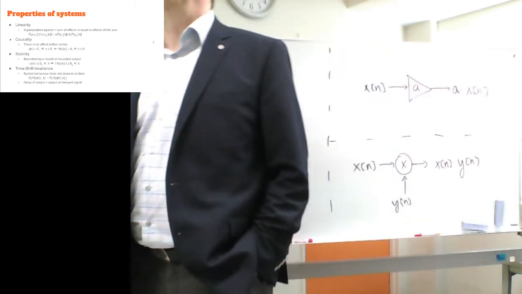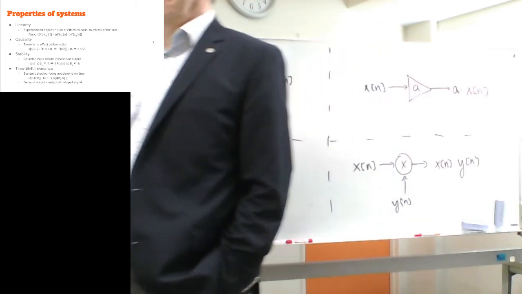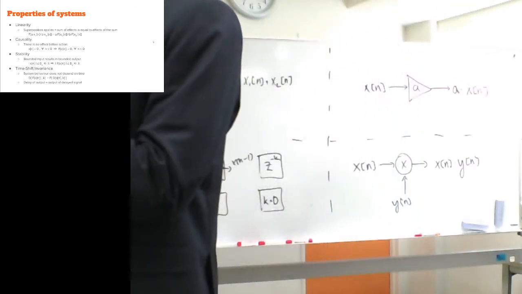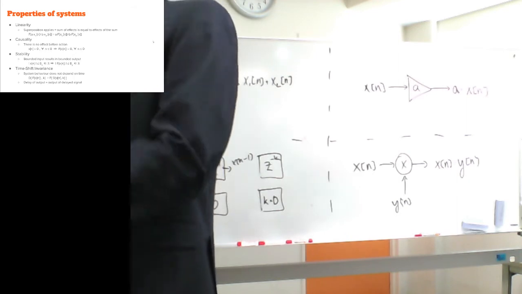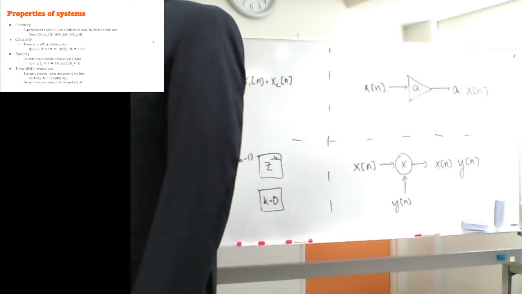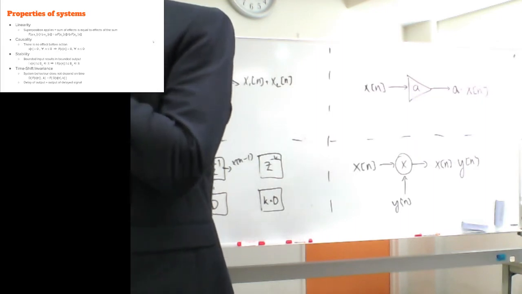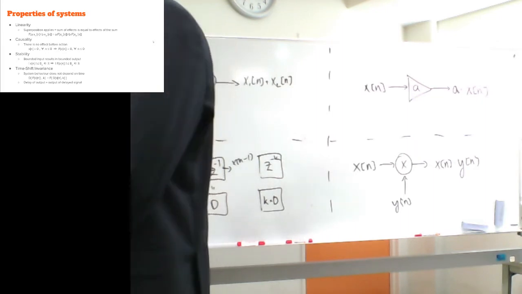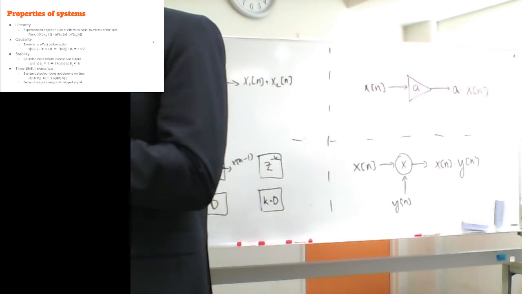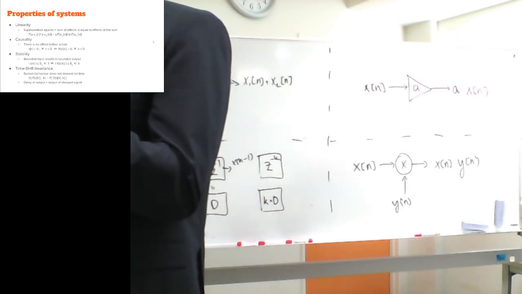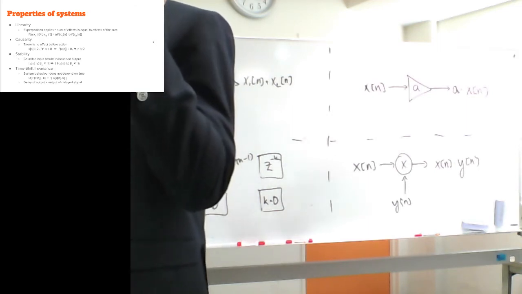Just like a vending machine. Every time you put 80 yen in the vending machine, you can buy that one. It's a nice property of a vending machine, this time shift invariance, since I don't want to pay 200 or 2,000 for one bottle.